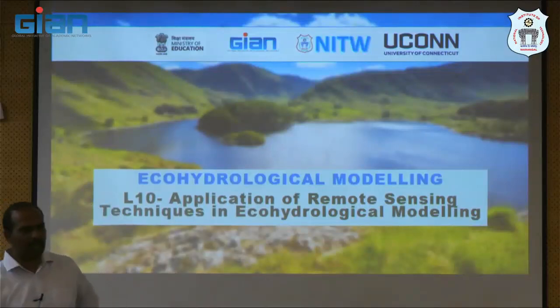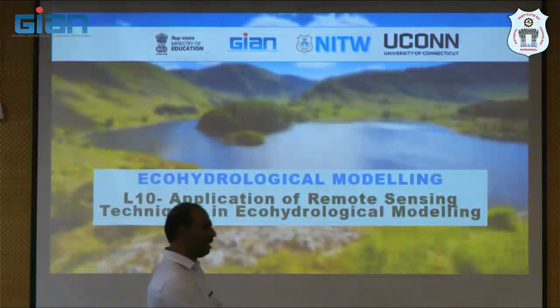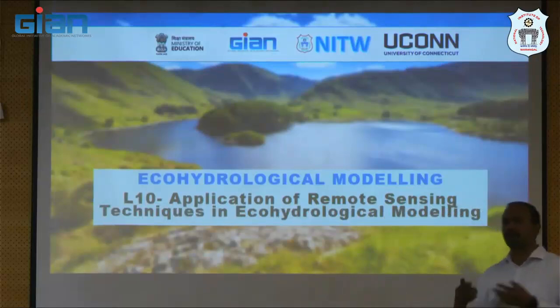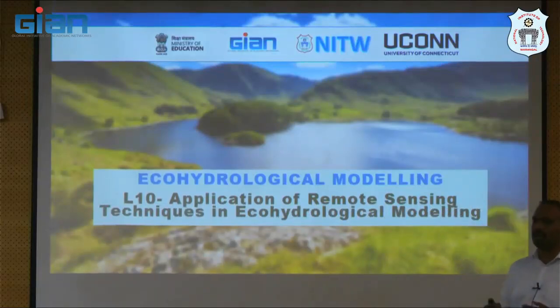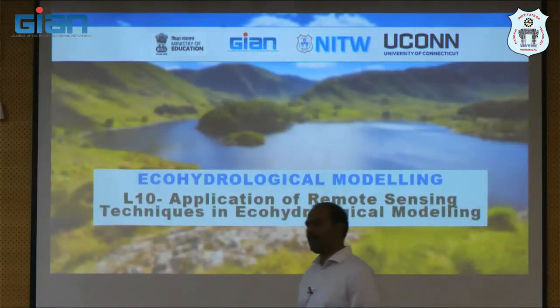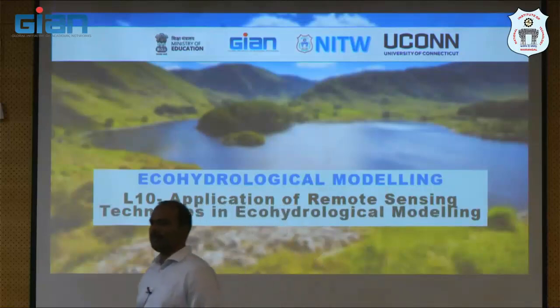Okay. So let's see how these remote sensing products can be useful for our eco-hydrological modeling. A lot of literature is there, a lot of work is going on. We are using it already for the application of SWAT model, for setting up SWAT model. But in addition to that, can we use some of these biophysical parameters in our SWAT model to improve it, right?